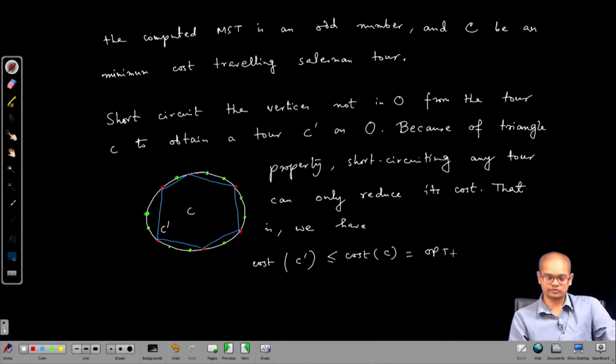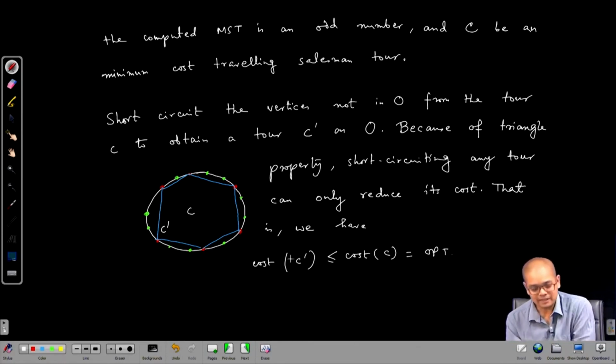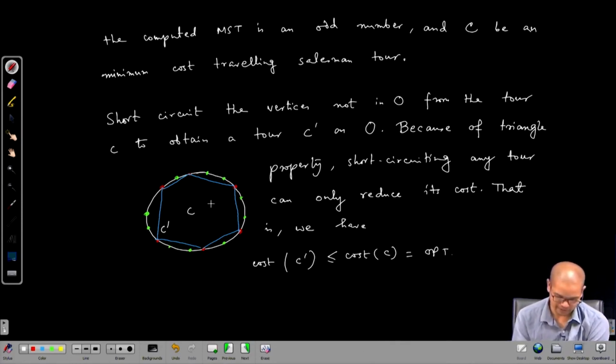Okay. Now, you see that this circuit C prime contains two matchings on these red vertices, on these vertices of odd degree. One matching is these white edges, and the other is these red edges.